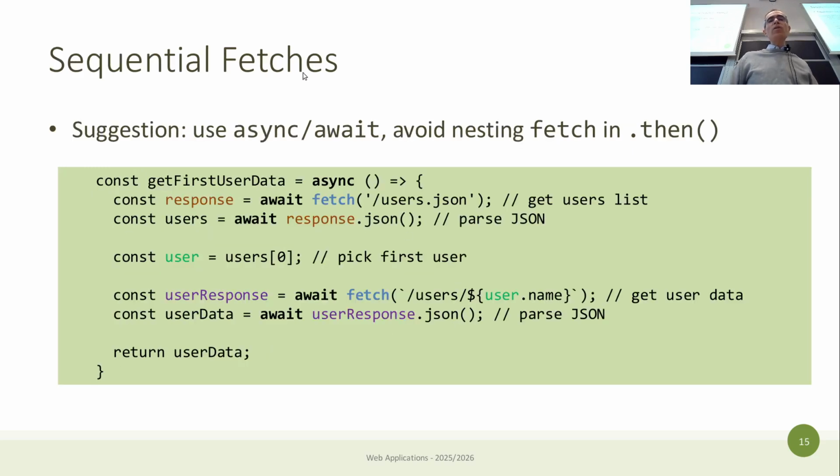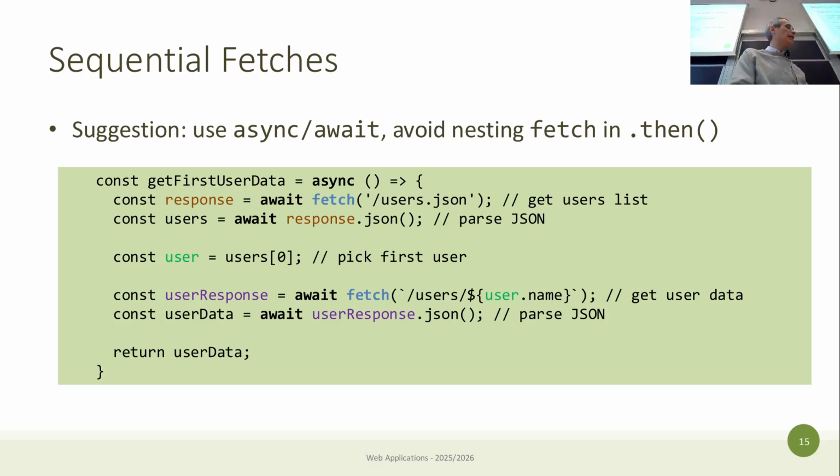These are sequential fetches. So you fetch, you wait for the result, and then you issue a second fetch in the client code. It's quite normal. I want a list, and then I decide what to pick from the list and ask for more information about one item.